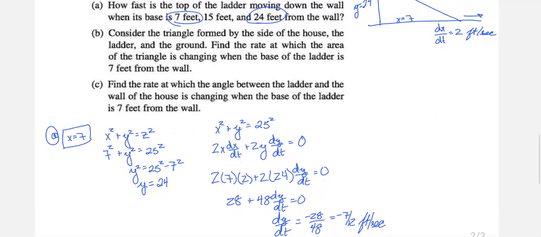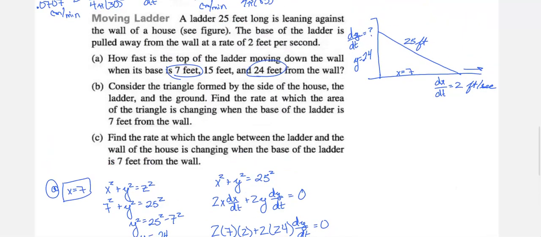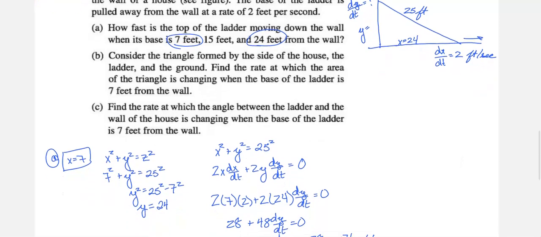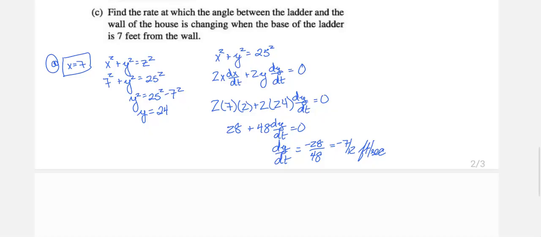So let's look at what happens if x is 24 feet away from the wall. So now this is going to be a little bit different. Let's figure out what our y is going to be. Now we know the y is going to be 7, but I'm still going to show you how to get that. We're going to use that Pythagorean theorem again.